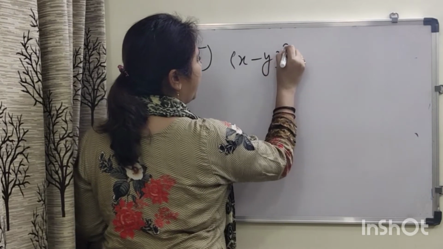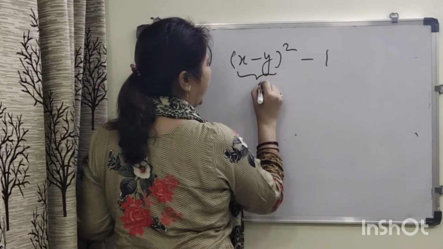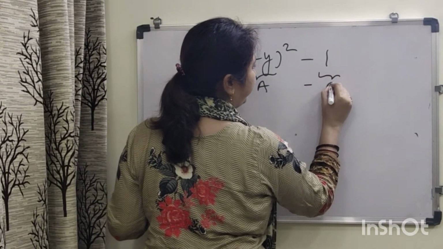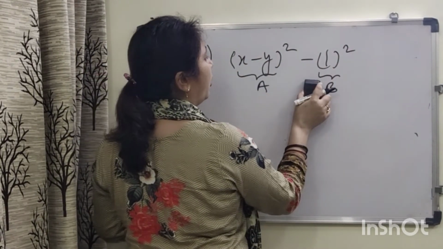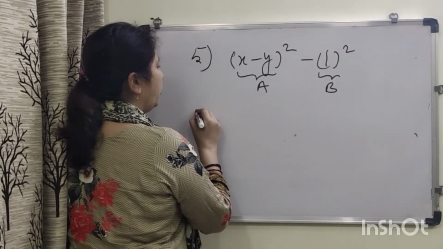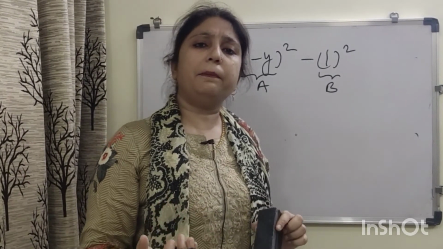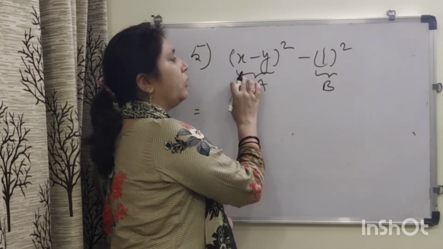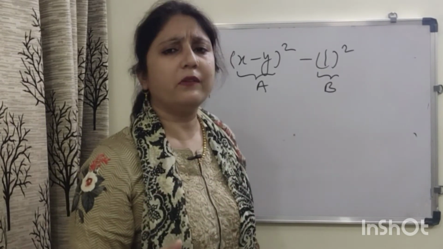(x minus y) whole square minus 1. Now you can see this is your A and this one is your B, because 1 can be written as 1 square. So you have got A and B. Now you use the identity. Even if you do not introduce a curly bracket, it is not going to affect your answer, because the binomial is at the first place, whether it is with minus sign or plus sign.